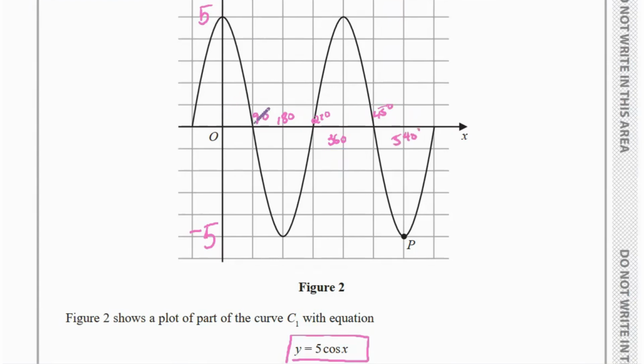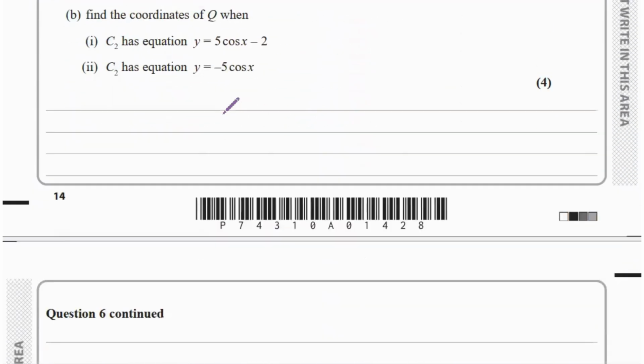We're adding 90 degrees in each square. So the coordinates of P are going to be 540 and -5. 540 degrees and -5.